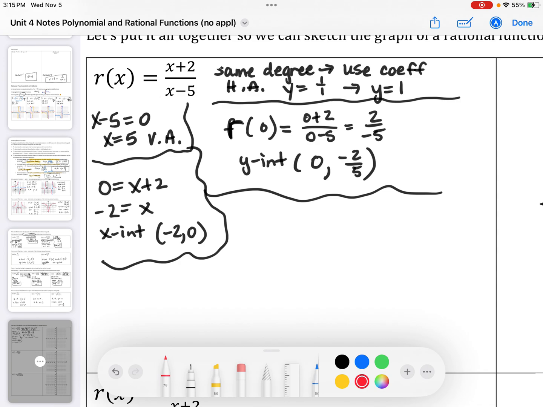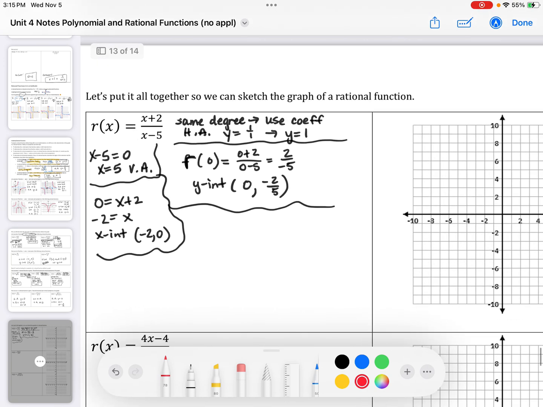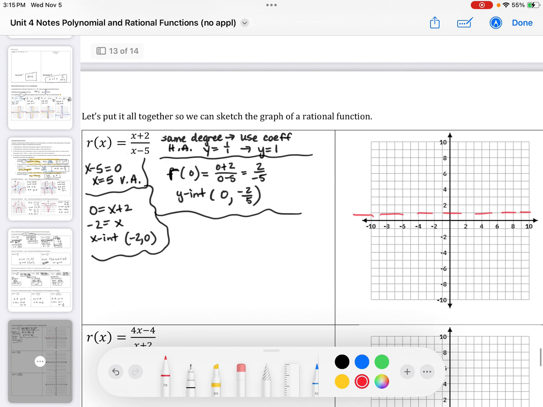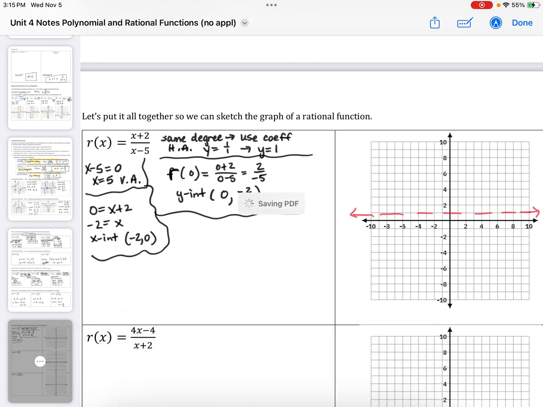I'm going to use red for those asymptotes. So we've got a horizontal asymptote at the y value of 1. And remember, asymptotes have to be dashed. And we have a vertical asymptote at the x value of 5.